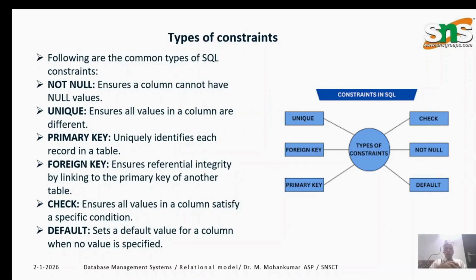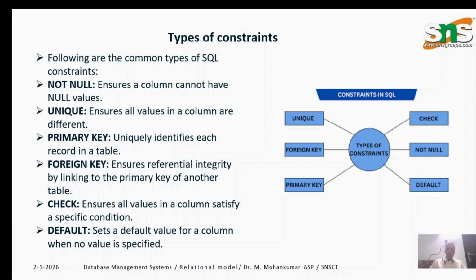Not null ensures a column cannot have a null value. What does it mean? Suppose we are creating an application, and in that application phone number is a mandatory field.